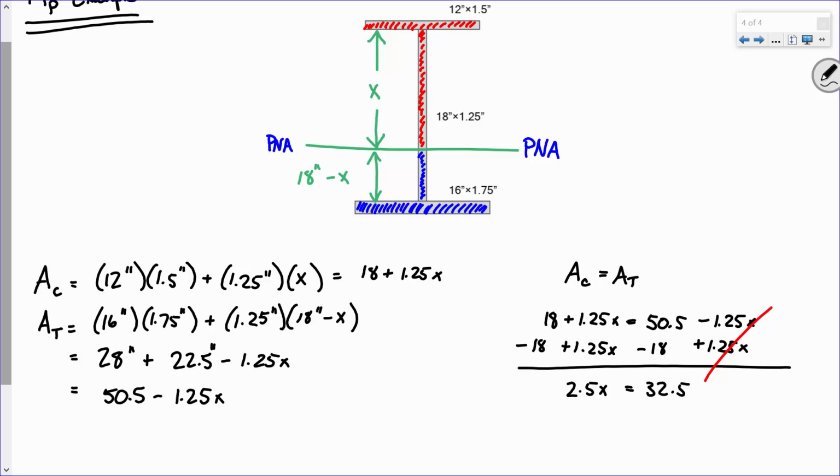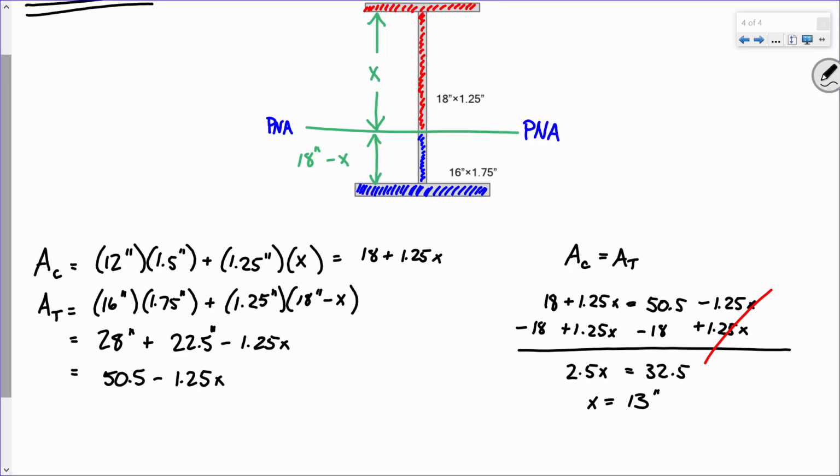What does this come out to equal? 13. Okay, all right. That's what it is. 5 on the other end. Whoops, sorry. That distance is 5. I'm looking too far ahead. That's what it is.